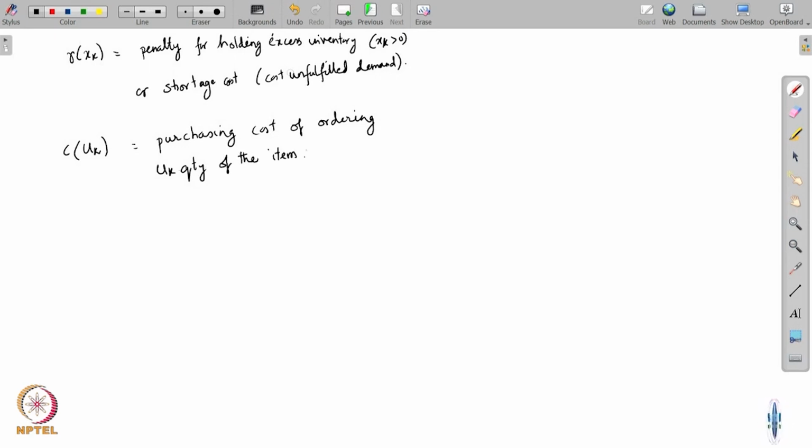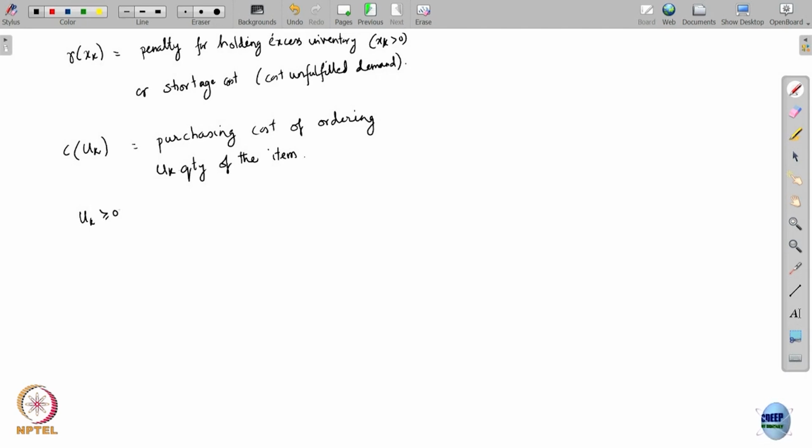These are all kept simple. R could also depend on k, and the purchasing cost could also vary with time, though here it varies only with the quantity. A natural constraint, since we are talking of purchasing an item, not of disposing of items, is that u k should be greater than or equal to 0.